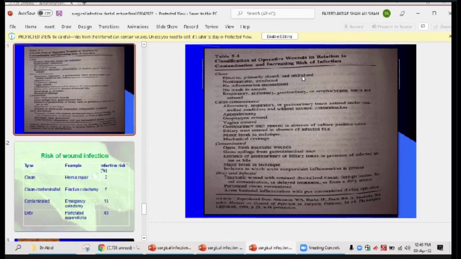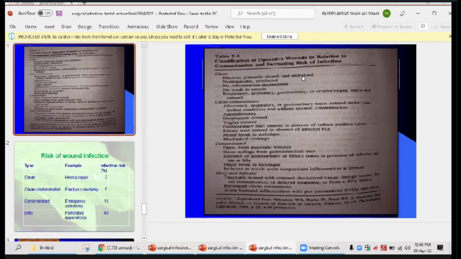After 3 days, you will get the culture report of the specimen that you have sent. If the culture report tells you that there is an organism there, if the culture is positive, then you will continue with the antibiotic for 2 more days to make it a therapeutic antibiotic course.